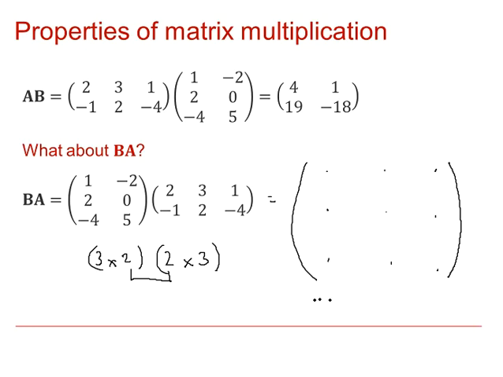Working through that, taking the first row multiplied by the first column, we get 2 plus negative 2 multiplied by negative 1, so it's 2 plus 2, which is 4.